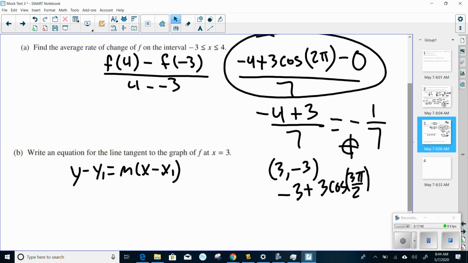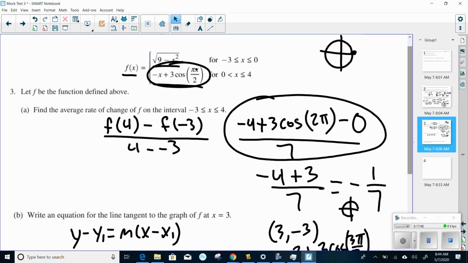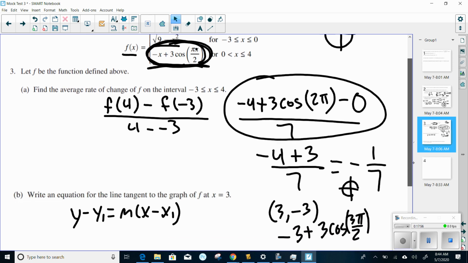The second part is we still need to know what the slope is equal to. To do that, I need the derivative. If you're taking the derivative of a piecewise function and I'm trying to plug 3 in, I just take the derivative of that part. That's the part we use when x equals 3.